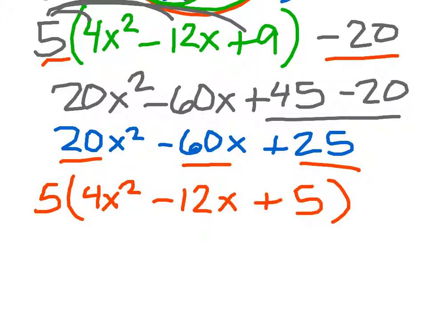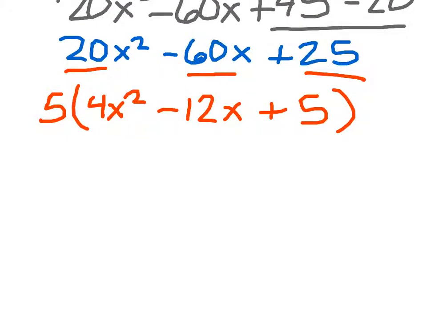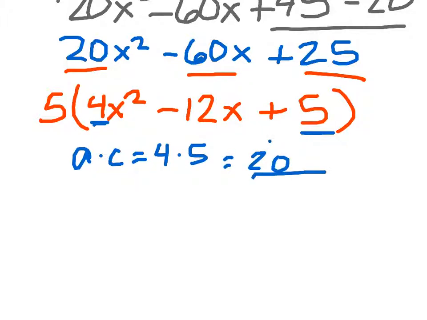All right? Now the real work begins, because we need to do the AC method and factor by grouping by looking at 4 and 5. A times C is going to be 4 times 5. We'll get 20. So factors of 20 that add up to negative 12. Anybody help me out with that one?